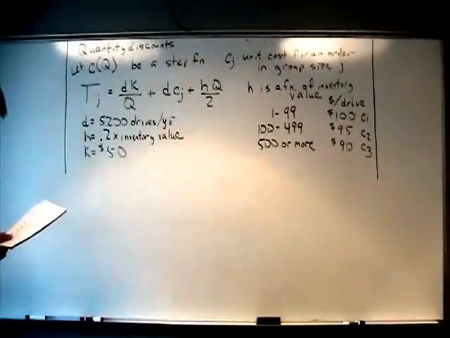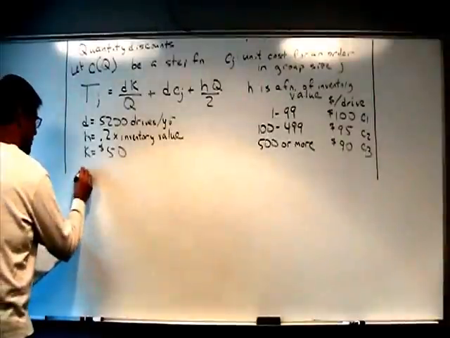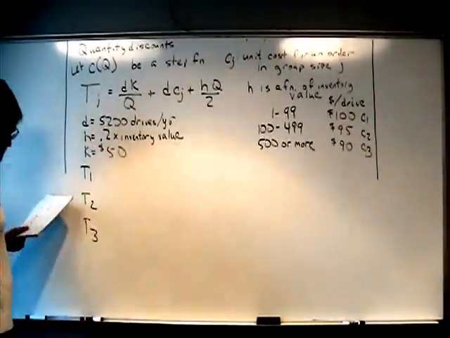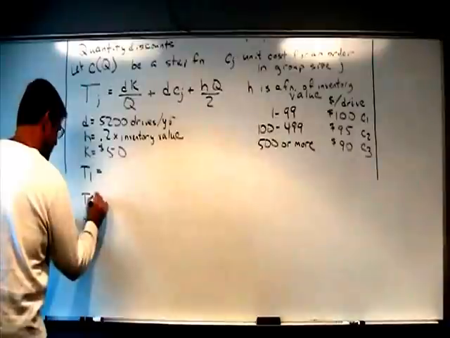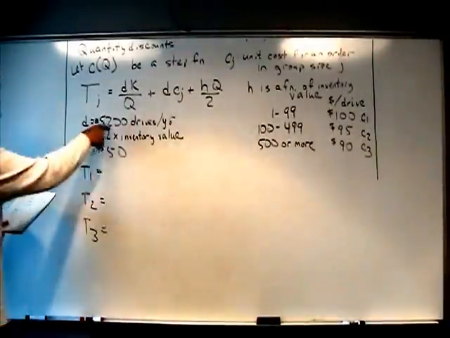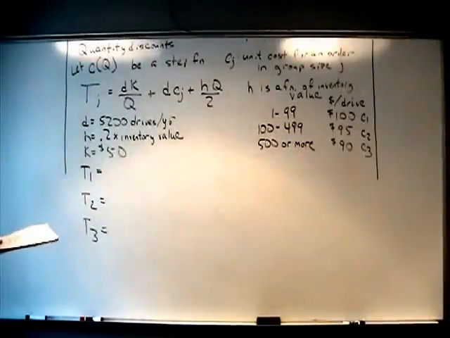Okay. So if we plug stuff in here, we're going to have three cost functions, T1, T2, and T3. D times K, the number of drives per year times the order rate, is going to be a constant for all three.